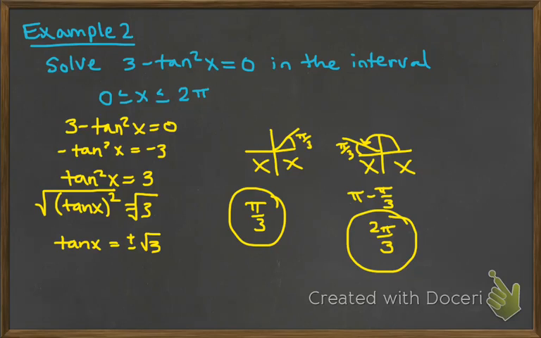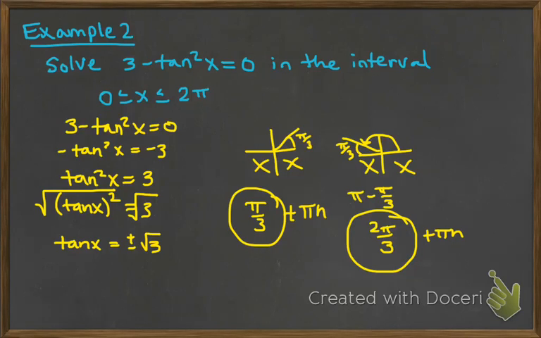But because this is a tangent, and tangent's period stopped at pi, we do need to find the next two all the way up to 2 pi. So I do need to think of that plus pi n on both of these. It's not part of the answer, but I do need to use that as a reference to find the rest of the answers.